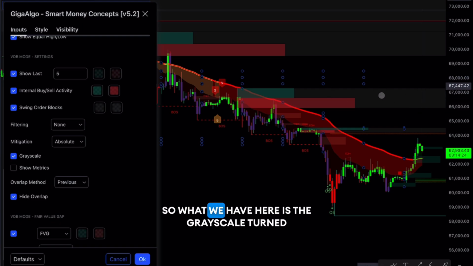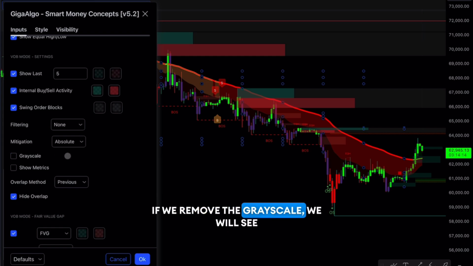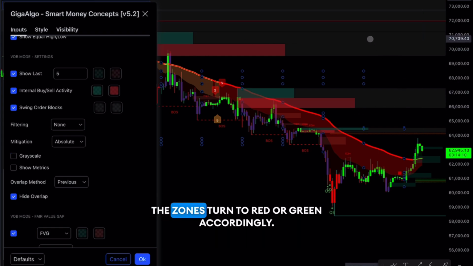So what we have here is the grayscale turned on, and the zones are in grayscale and no metrics are shown. If we remove the grayscale, we will see the zones turn to red or green accordingly.